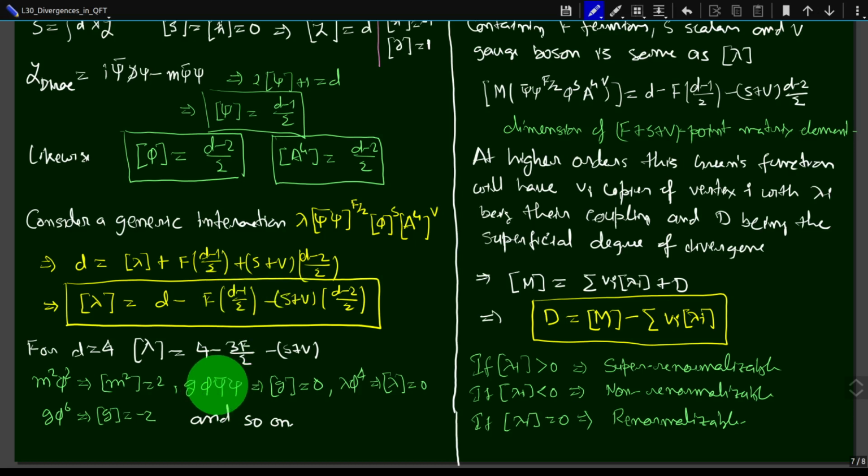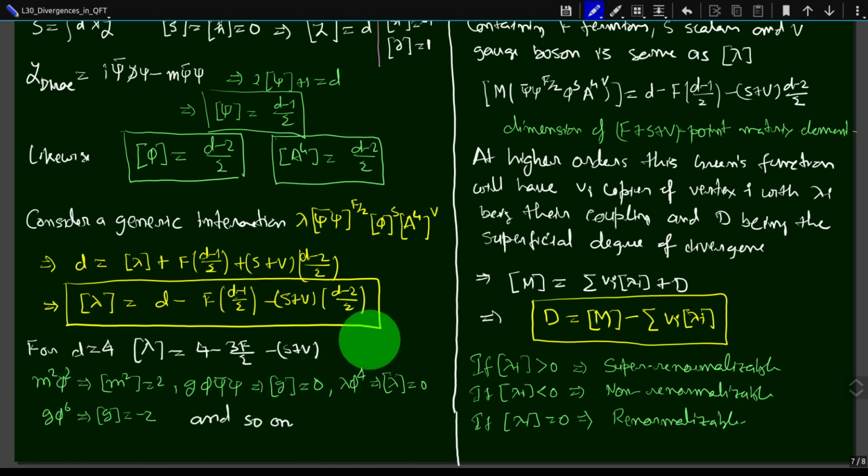For g phi psi psi, f equals 2, so 4 minus 3 is 1, and there is one scalar, so another minus 1, so g becomes a coupling of dimension 0. Lambda phi^4 likewise is dimensionless. For g phi^6, there is no f, and 4 minus 6 is minus 2. So a large number of fields in 4 dimensions will make the coupling have negative dimension.